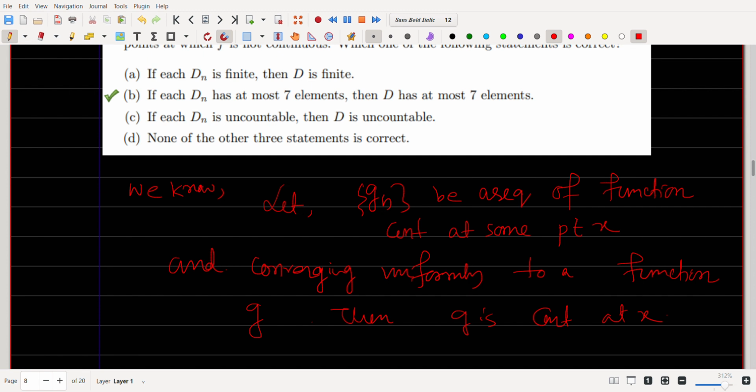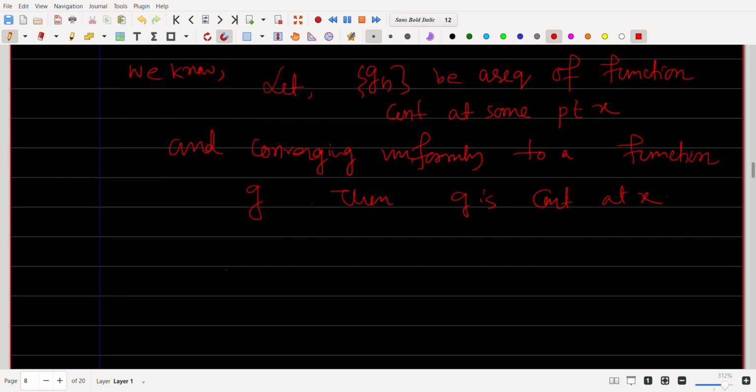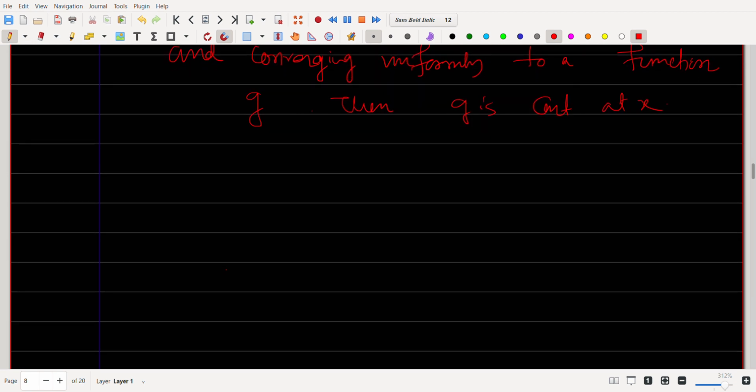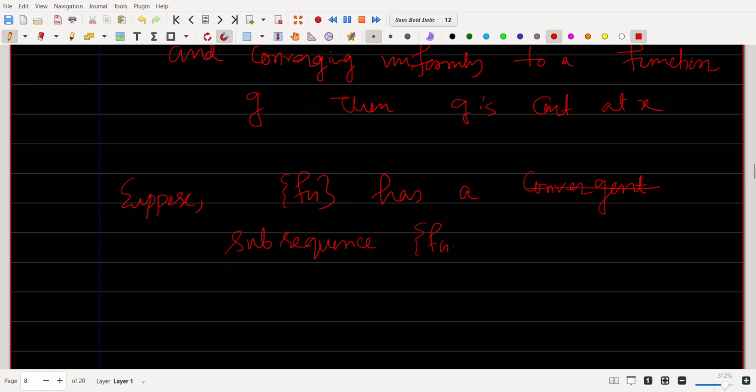If g_n is a sequence of functions which is continuous at some point x, and it converges uniformly to a function g, then g is also continuous at x, right? Now suppose in this question f_n has a subsequence f_{n_k} converging such that it is continuous at x.